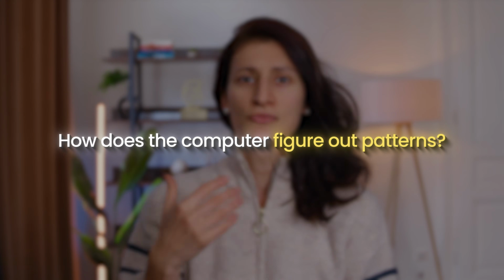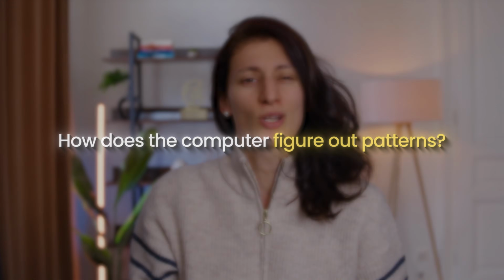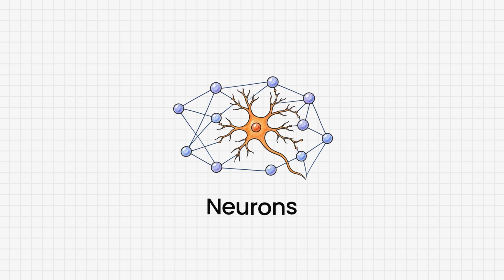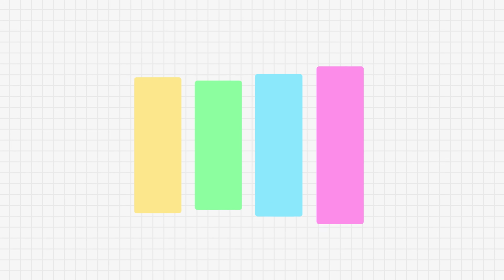Now, next question is, how does the computer just figure out patterns? So what does that even mean? It does it through something called a neural network, which was loosely inspired by how our human brains work. So think of it like this. You have a bunch of tiny decision makers, like neurons in your brain, that are organized in layers.